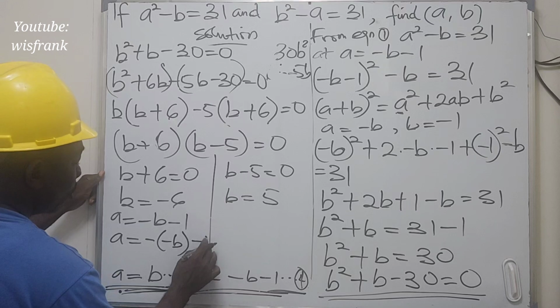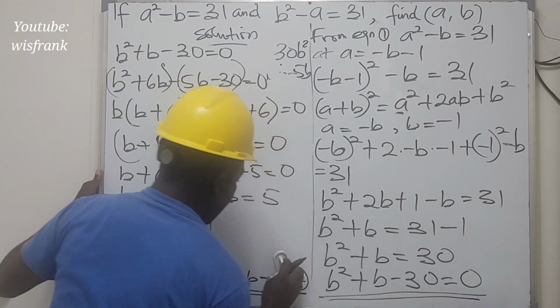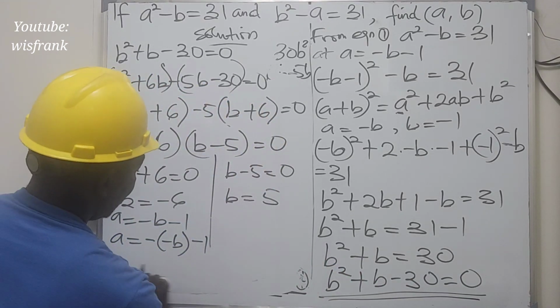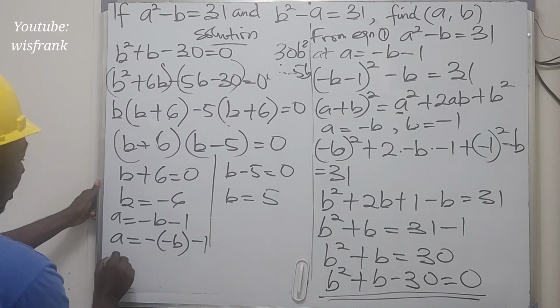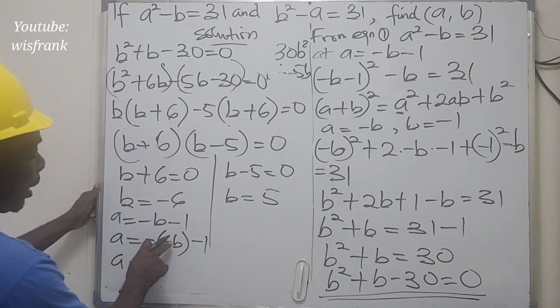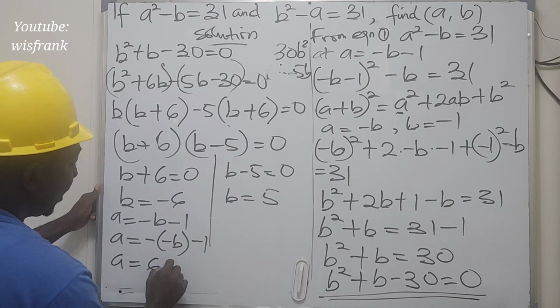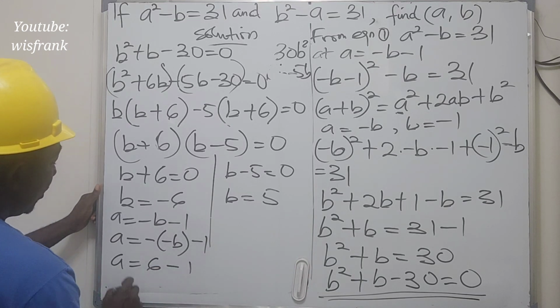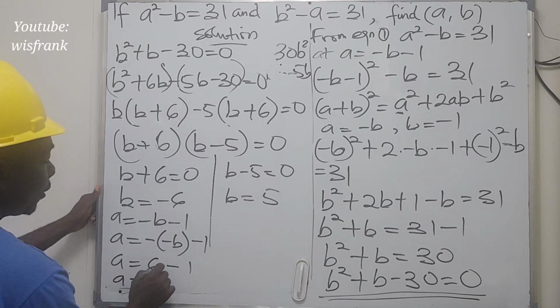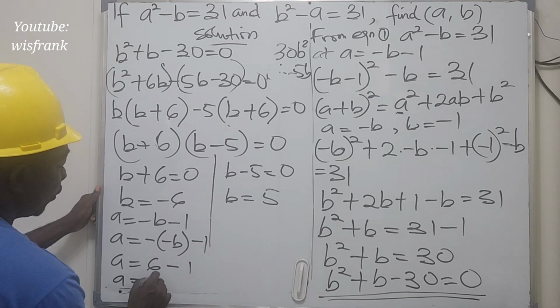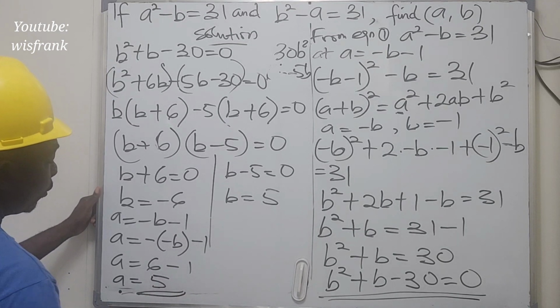Then we have minus 1. So in this case, we have the value of a, which is equals to minus times minus 6 will become plus 6. Then we have minus 1. So value of a equals to 6 minus 1 equals to 5. So the value of a equals to 5.